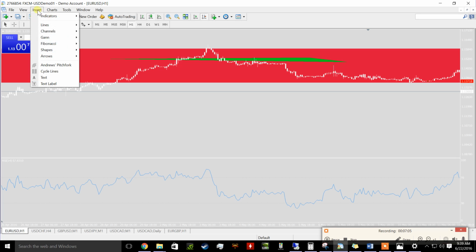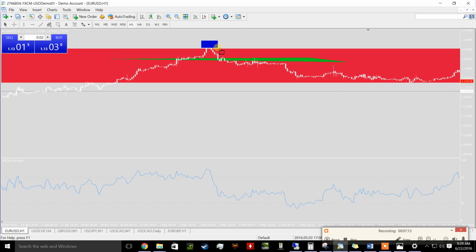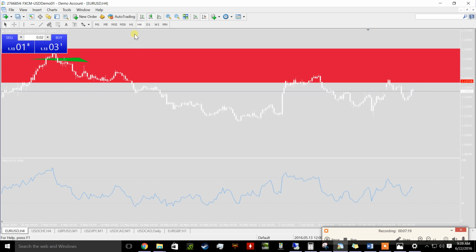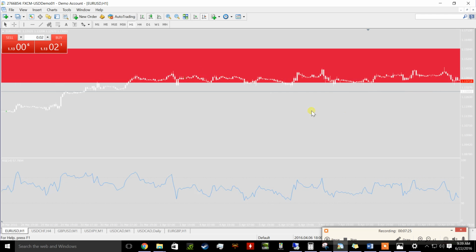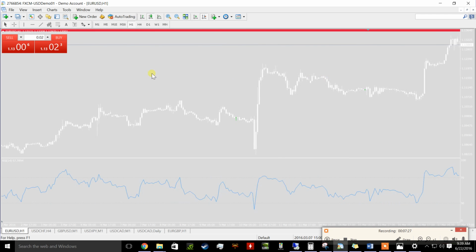Now it's looking more like a really good zone to buy up here, right? And as you can see, if I go back here to this chart, that was a wick. But now that we're in the 1 hour chart, we're looking at a really good zone here to buy the market.